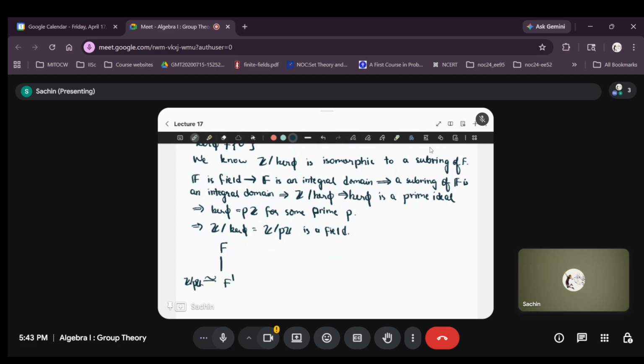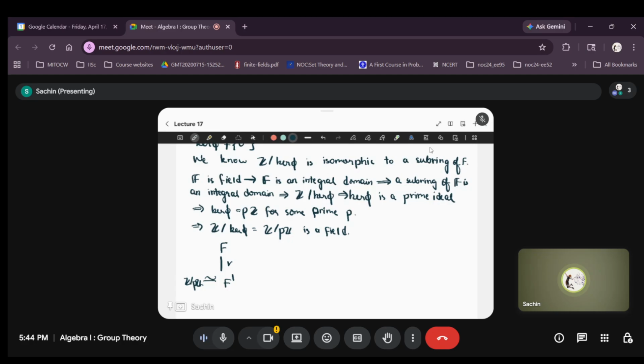So F is a finite field, F prime is a finite field. Now there is something called the degree of the field extension.